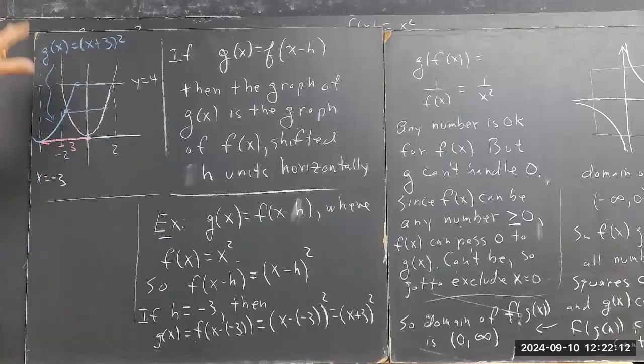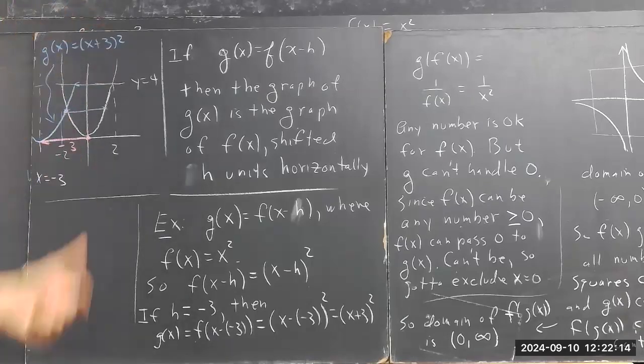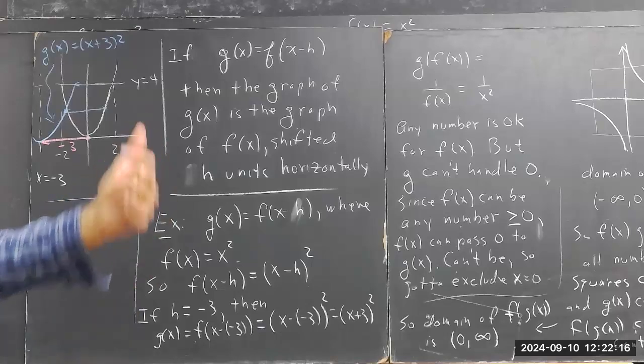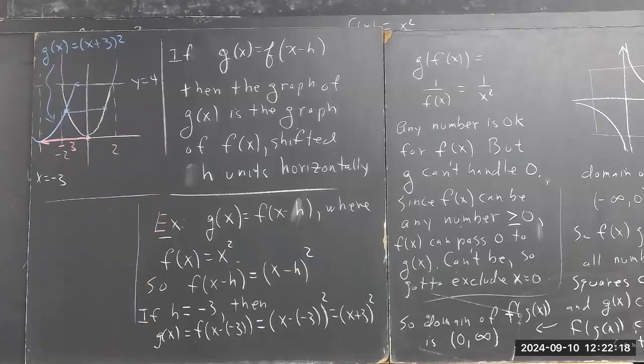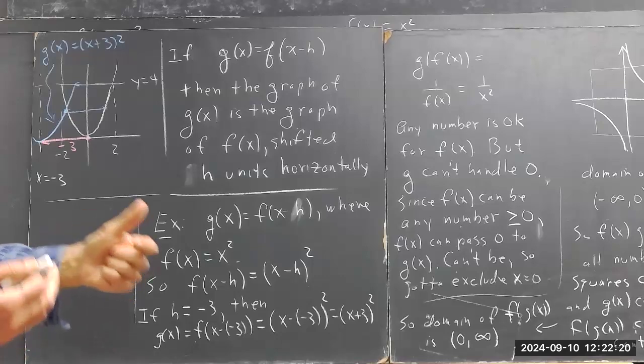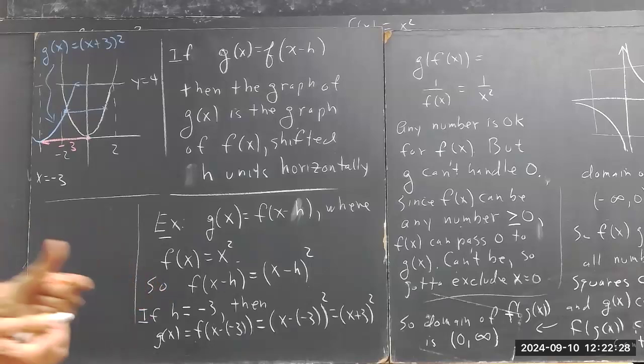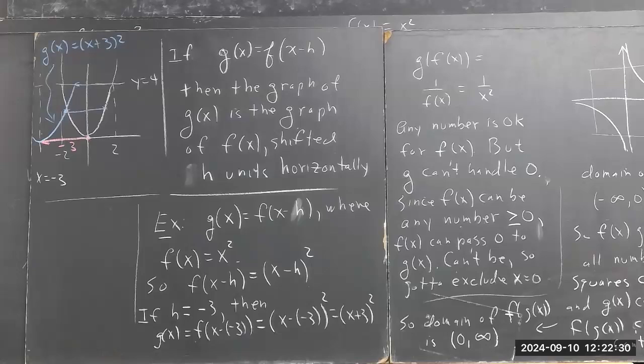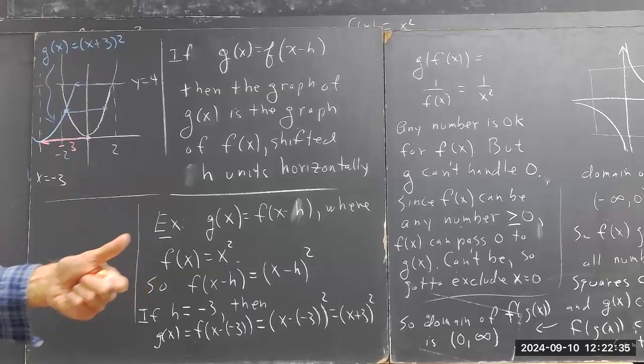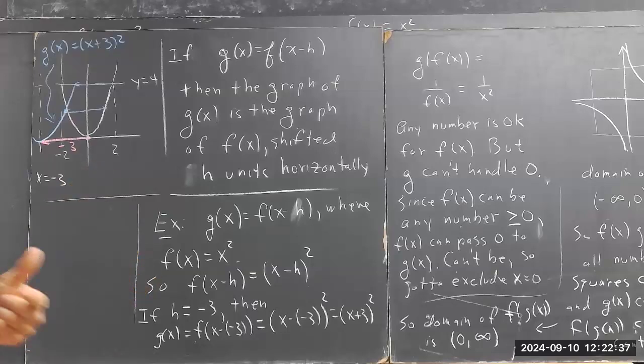It doesn't matter if it's the squaring function or the exponential function or the reciprocal function, cubic function, and move 3 units to the left when you replace x by x plus 3. F of x plus 3 will always be 3 units to the left of f of x. F of x minus 3 would always be 3 units to the right of f of x. You got that much. I think that's a pretty good introduction.